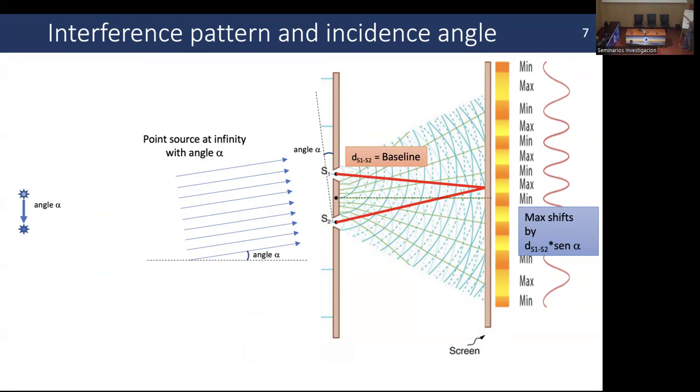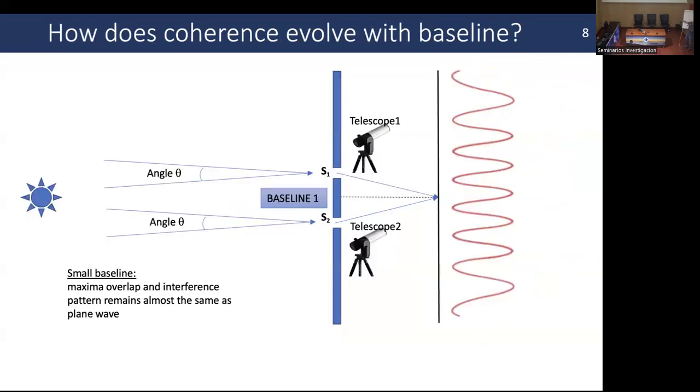So this distribution of maxima and minima is shifting, and when you put everything together, what you have is a reduced visibility in this distribution. When the baseline, so the distance between the two telescopes, the two slits, which effectively in astronomy are two telescopes, is very small, you still have this strong maxima and minima in the interference pattern.